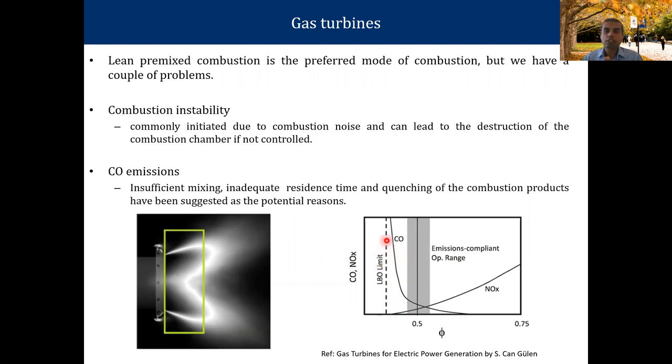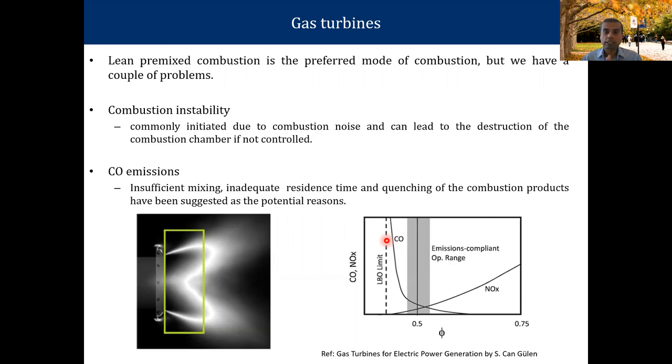If you look at the literature, there are not many studies that looked at this comprehensively, because it's a very hard problem. In a gas turbine combustor, it's really hard to study how CO is being formed locally and what the impact of the flame dynamics on CO emissions is. But there are reasons suggested in the literature: insufficient mixing, inadequate residence time, which means we don't have enough time for combustion to be complete, and quenching of the combustion products or the flame with cooling air.